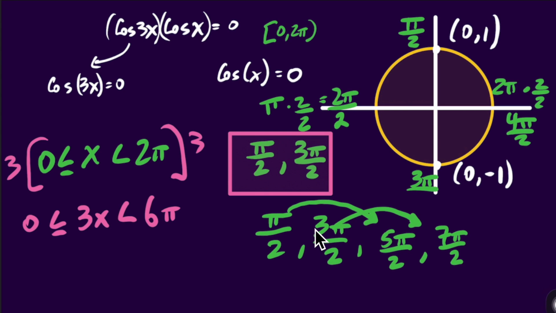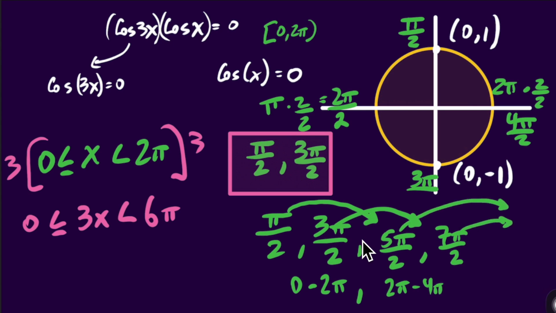Okay, but we still have not reached 6 pi. All right, the initial is from 0 to 2 pi, that's normal. Now we added 2 pi to everything, that's the interval 2 pi to 4 pi. Now we have to add 2 pi to each of these to get the interval 4 pi to 6 pi. We're going to do the same thing. We're still in the world of 2's.